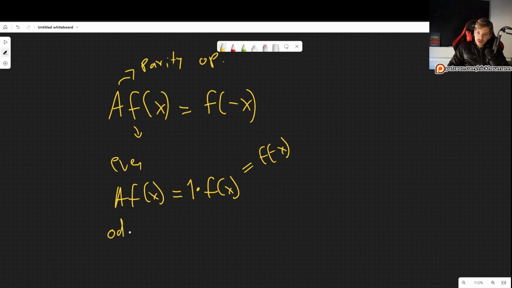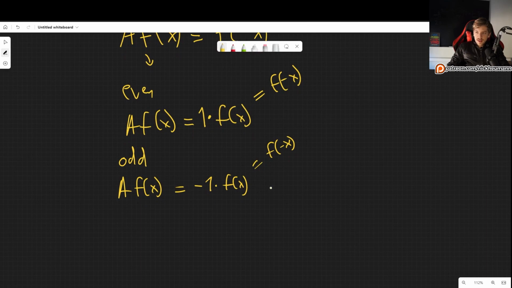And if we're dealing with an odd function, then A applied to our function is minus 1 times our function, right? So that means that our eigenvalue is 1 if we are in an even case, or our eigenvalue is minus 1 if we're in an odd case.